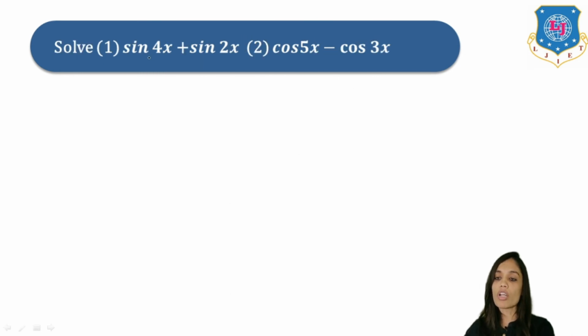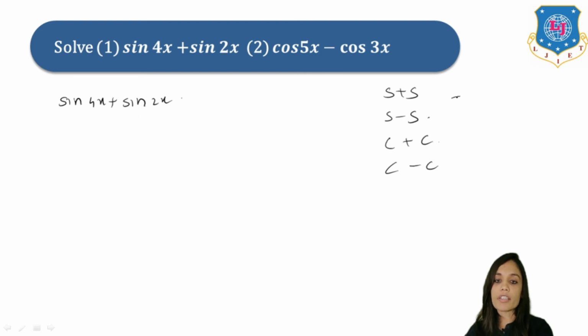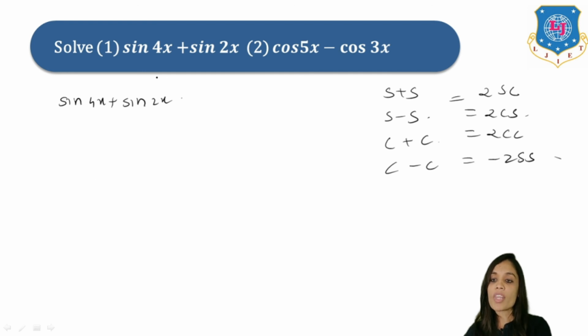So we have to solve and find the value of sine 4x plus sine 2x. Now we know the formulas of s plus s, s minus s, c plus c and c minus c. This is 2sc, this is 2cs, this is 2cc and this is minus 2ss. Fine. So we have to find the formula of sine 4x plus sine 2x.